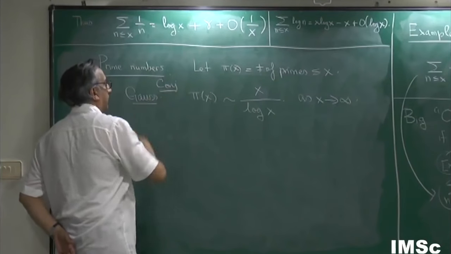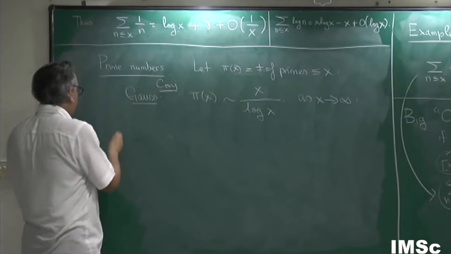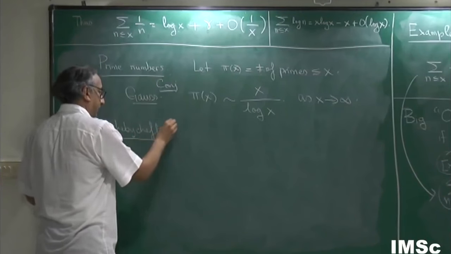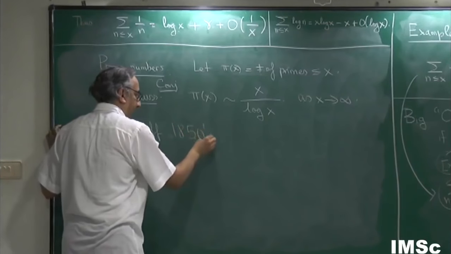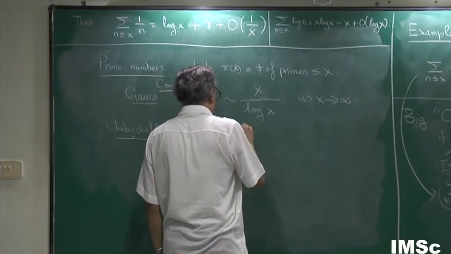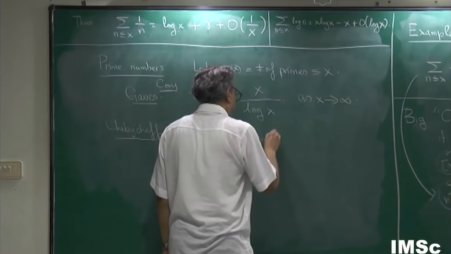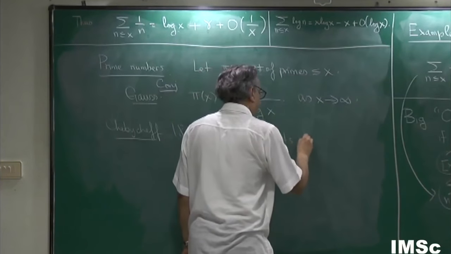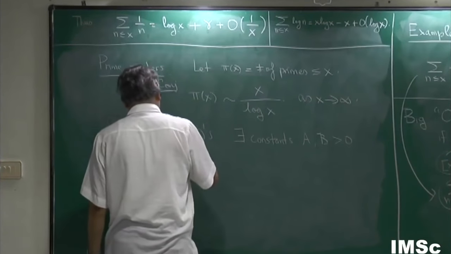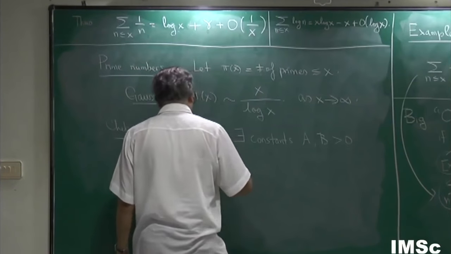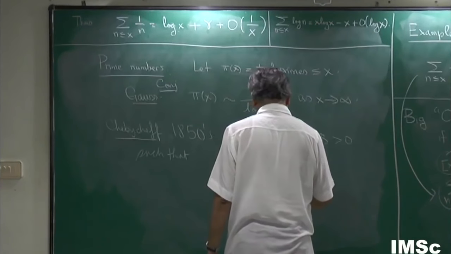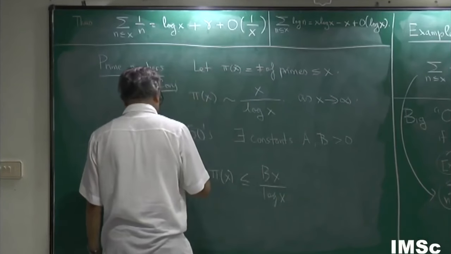So this is a conjecture of Gauss, and Chebyshev, in the 1850s, I think, I might be wrong on the dates, but roughly around that time, showed that there exist positive constants A and B such that pi of x is less than Bx over log x and is bigger than Ax over log x.